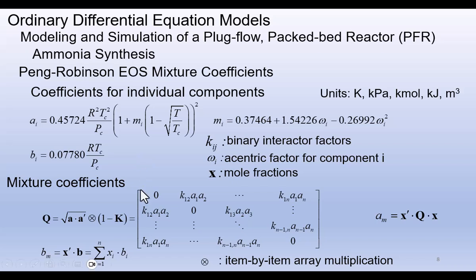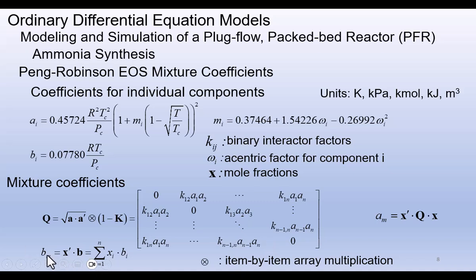And this is indicated in the expressions here, where we form a matrix, and that is shown in vector matrix form here, shown by these particular mixture coefficients times the multiplication of the A coefficients for the individual components.